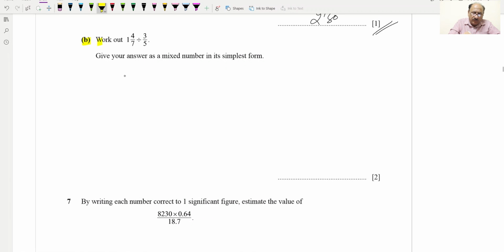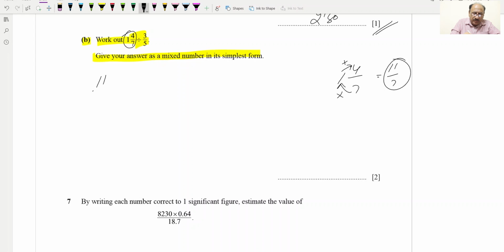And B part, work out these fractions and give your answer as a mixed number in its simplest form. So a mixed number is required. We will change 1 whole 4 by 7: 7 ones are 7, then this will be added to 4, so this will be 11 by 7.